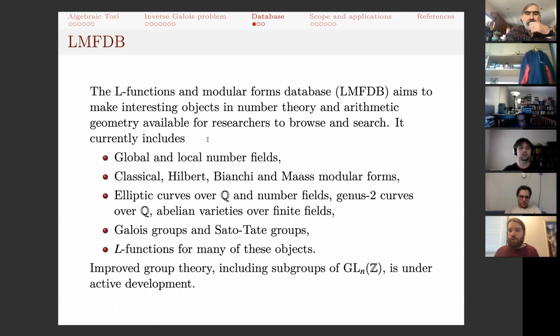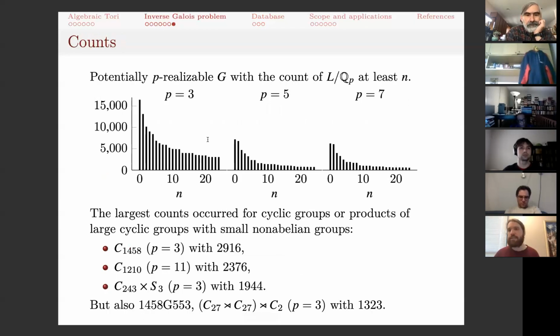All right, so this analysis suggests that we can have a hope of listing all field extensions with a given Galois group for groups that show up inside GL_n(Z). Also remember that these giant cyclic groups are not going to show up inside GL_n because you don't have elements of order that large.